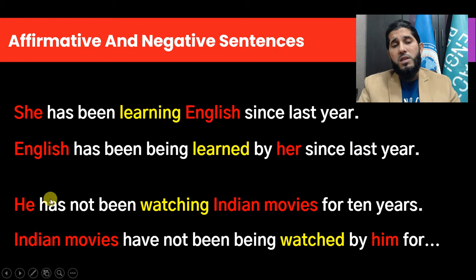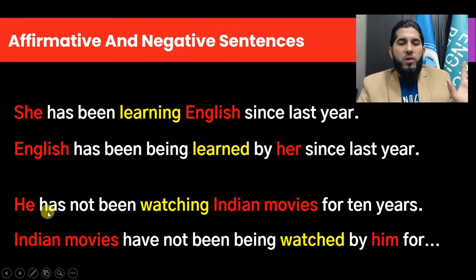Here, like by him, see, he is changed to him, and the main verb is changed to past participle, or third form. And it's very important to know in which tense which auxiliary should be used. In present perfect continuous tense, you use have, has, not been in the negative form, and you only add one more auxiliary in passive form after been, which is being, and that's all. Pretty easy. So Indian movies have not been being watched by him.